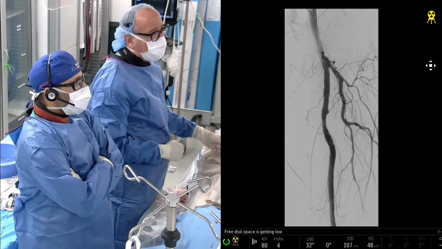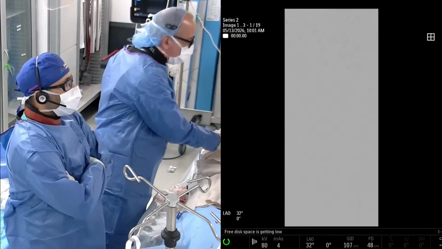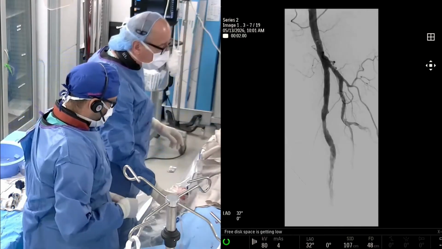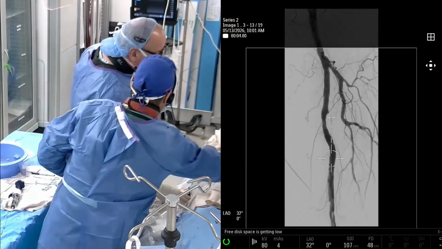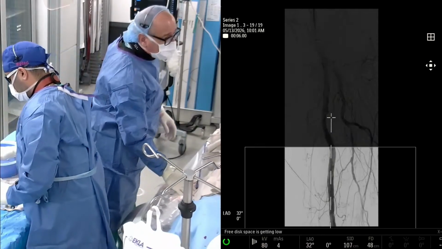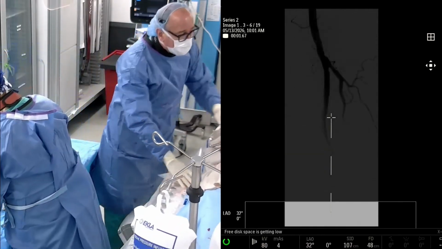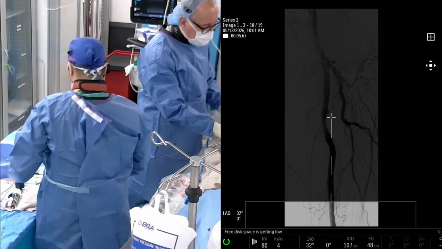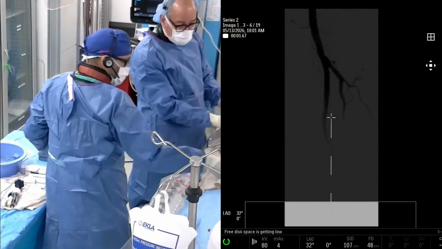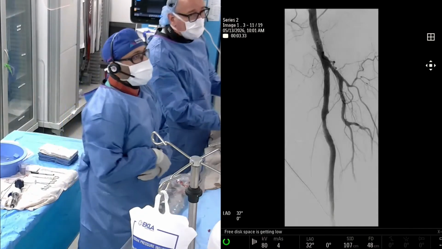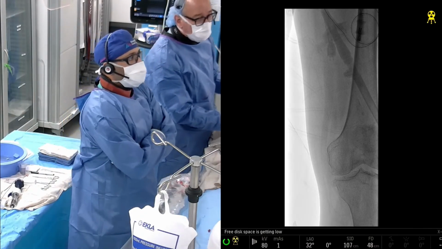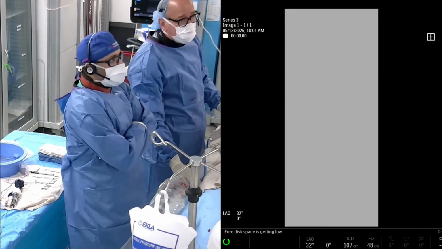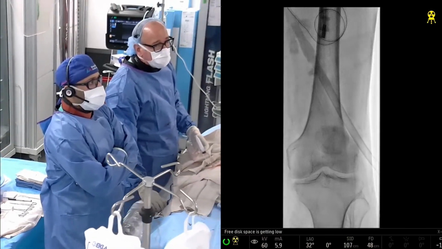And at least so far, the proximal SFA popliteal segment looks normal, which is obviously encouraging. And we're going to just march down a little bit and try and continue to make progress here. Raj, if you could just hit a DSA run for me, please. Oops, sorry, hold on, let's refocus. Perfect, much better.